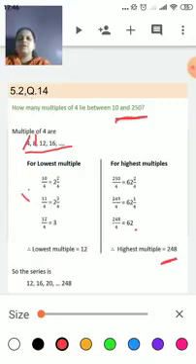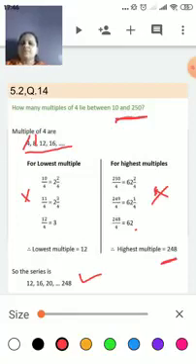Now these two steps are not necessary. If you can do it orally, you can write the direct AP over here. This is just for the explanation part. Find the lowest multiple and the highest multiple. You can do it orally. The first term, after 10, a number which is a multiple of 4 is nothing but 12. Similarly 250 is the last.